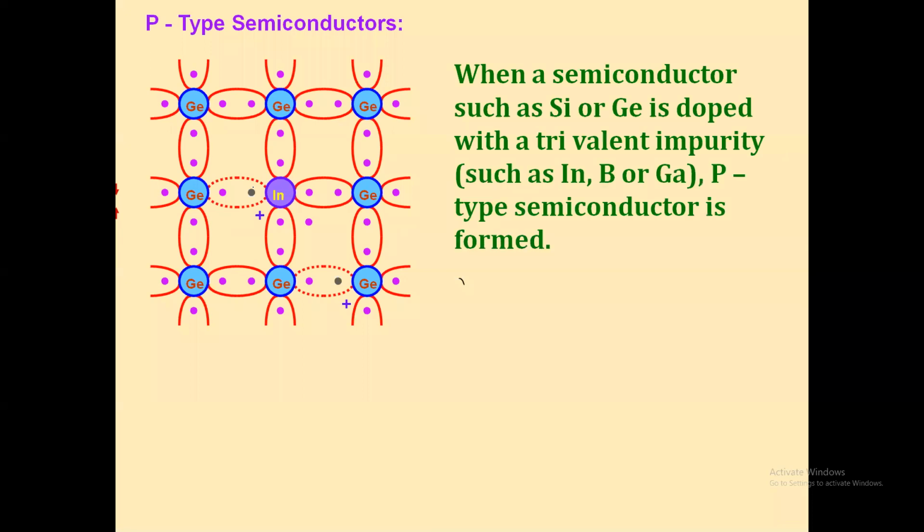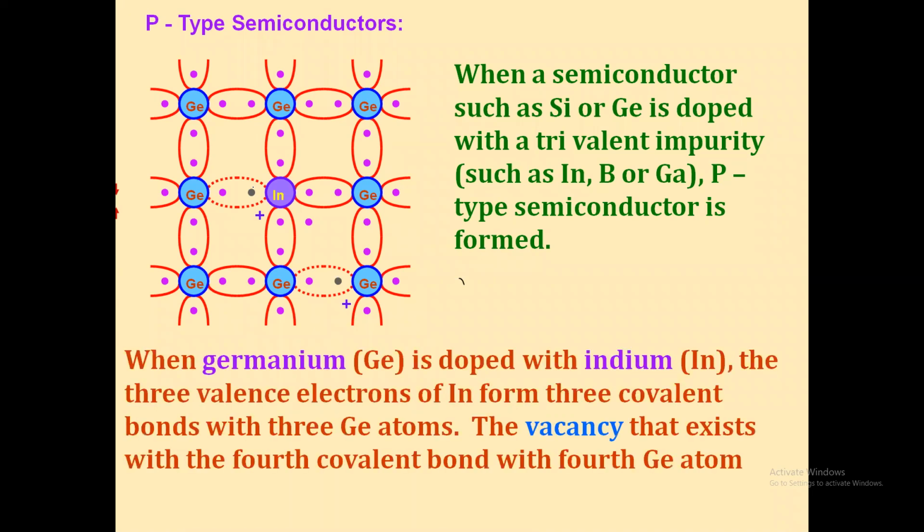Now you can read it. When a semiconductor such as silicon or germanium is doped with a trivalent impurity, for example, indium, boron, gallium, a p-type semiconductor is formed. This is the definition.